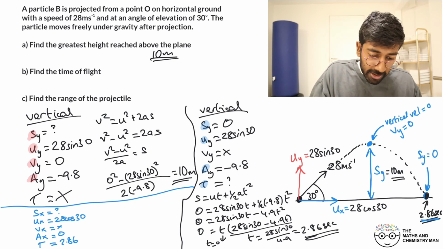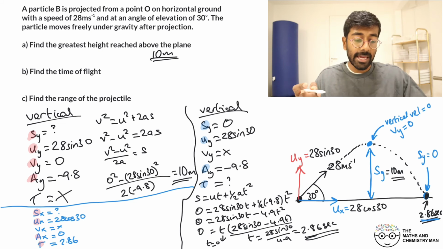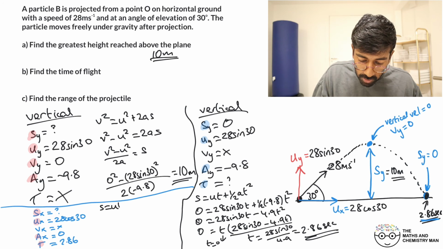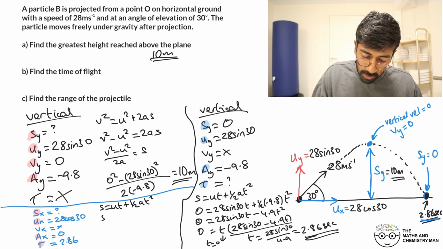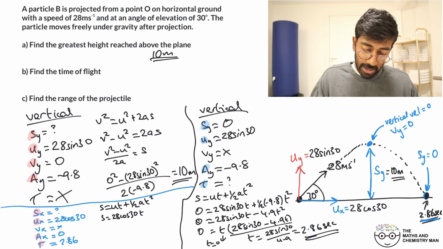And now what do we have? Let's quickly highlight this. We've got s, u, a, and t again. So we need the same formula. s equals ut plus a half at squared. So s equals ut, so 28 cos 30 times t. And then because a is 0, all of this is going to cancel out because it's a half times 0 times time squared. So we don't even need to fill that out really.